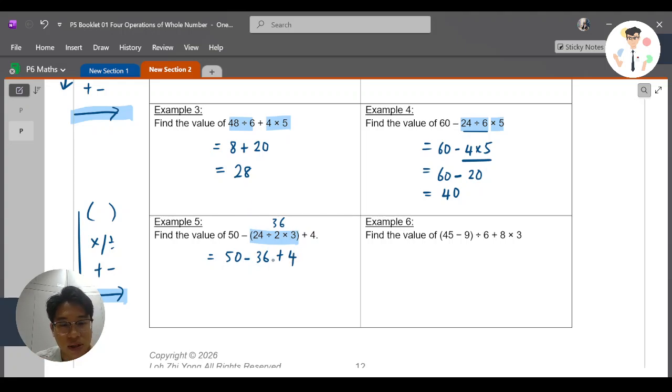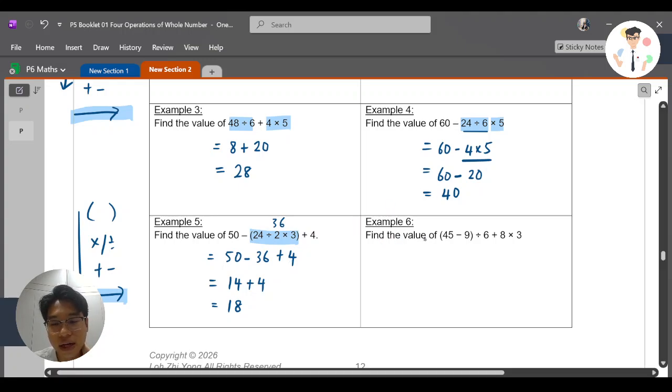Do I need to put parenthesis here? Don't need. It's the same thing, with or without. Okay. So 50 minus 36 gives you 14. And 14 plus 4 gives you 18. Okay. So I think something that's okay, easy, not difficult.